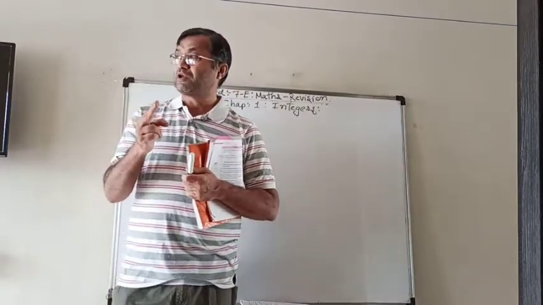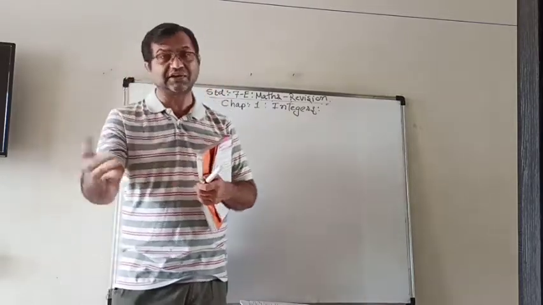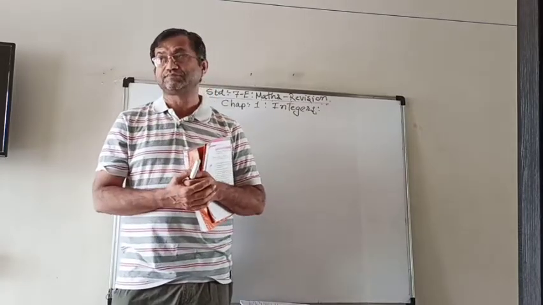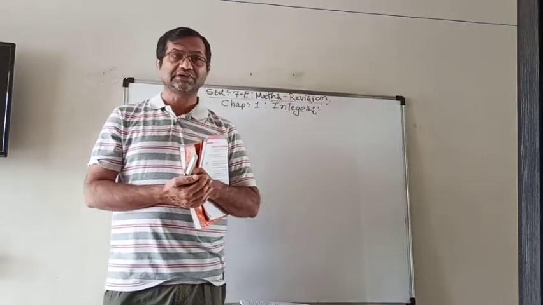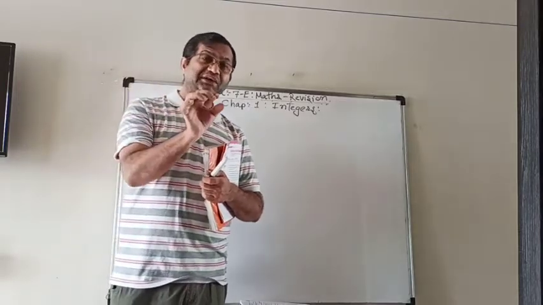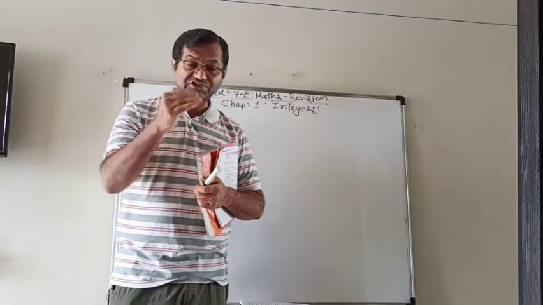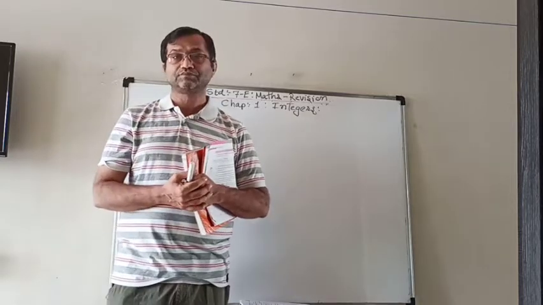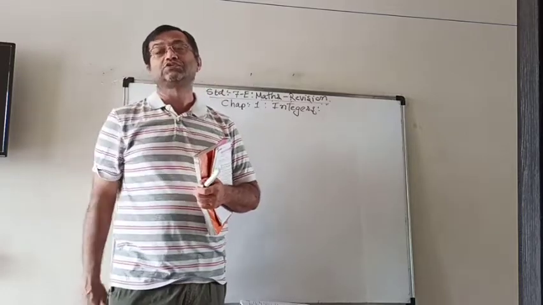But when one integer is positive and the other is negative, or the first is negative and the other is positive, in this situation when they have opposite signs, we take the difference of them. Neglecting the sign, subtract the smaller number from the greater number, and then the answer will get the sign of the greater number. Whichever number is greater, that sign will be given to the answer.